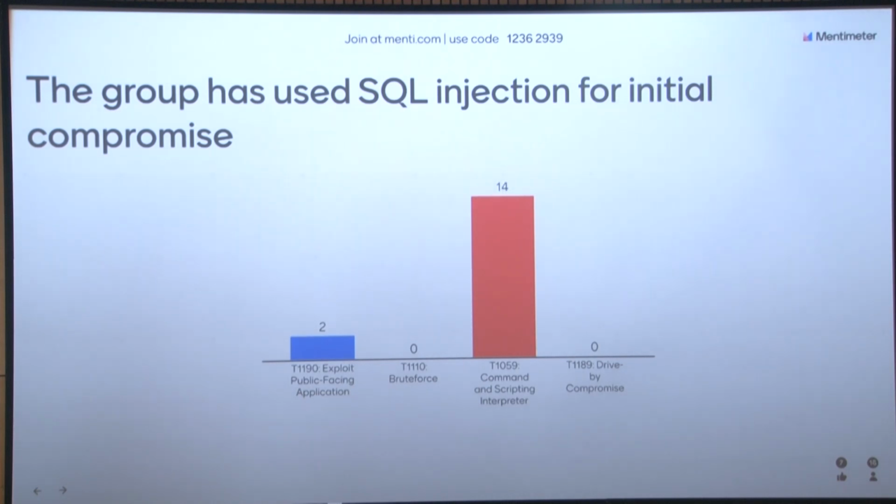Unfortunately, the majority is wrong, this is not command and scripting interpreter. If you think more about it, the attack being performed is SQL injection. How does one perform this SQL injection?